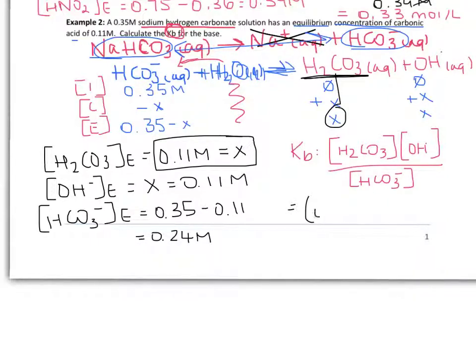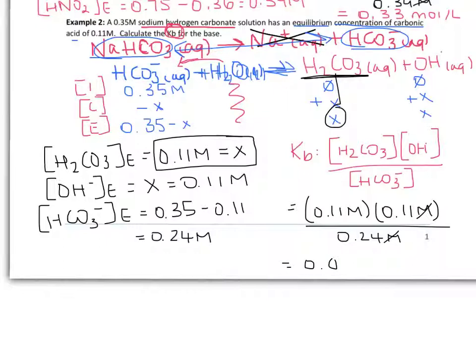We have 0.11 molar times 0.11 molar, all divided by 0.24 molar. One of these molars cancels with the other to leave us with a final answer to the appropriate number of significant figures of 0.050 moles per liter.